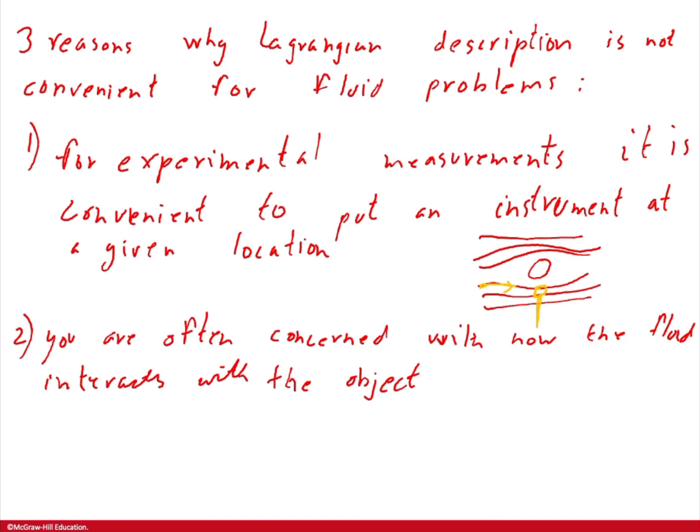So for instance, if I go back to this example, if you're talking about a flow around a cylinder, let's say you're doing an aerodynamics problem, computing how much drag there is on this object because of a fluid flow, you're concerned with how the fluid behaves around this region of the cylinder. You're technically not concerned with what happens to the fluid out here or way downstream, right? So your region of concern gets limited to where the cylinder is.